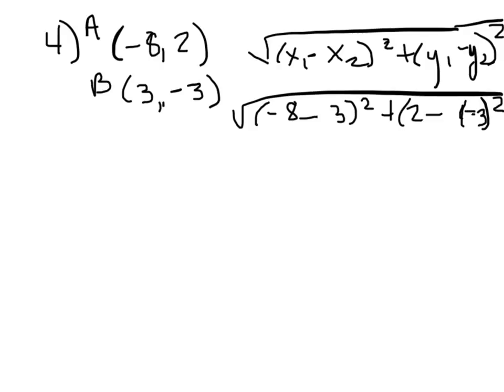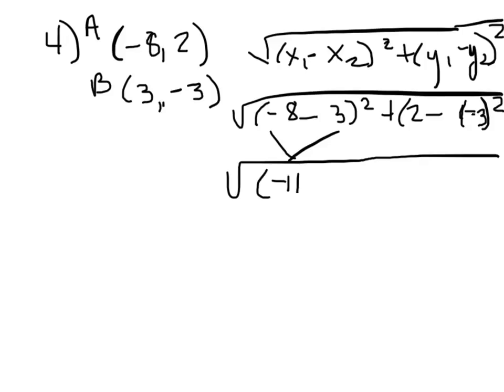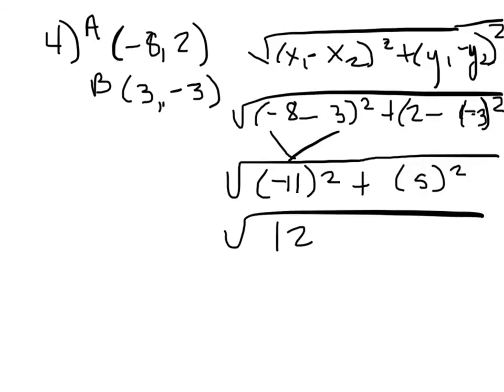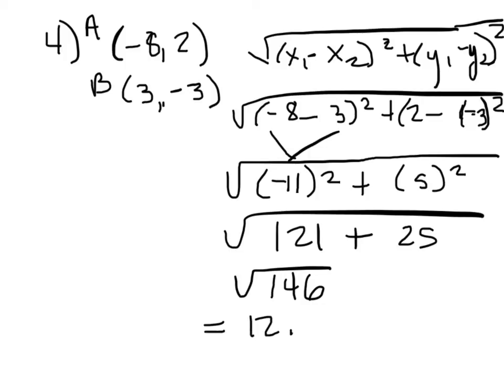So this gives me 11 square, and this gives me a 5 square. This is 121 plus 25, square root of 146. And if we find the square root of 146, this will give me 12.08. And if I have to round to the nearest tenth, like the instruction said so, this will be 12.1.